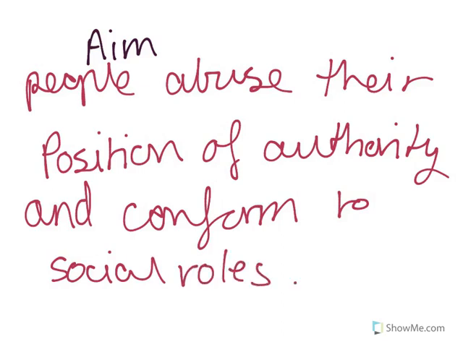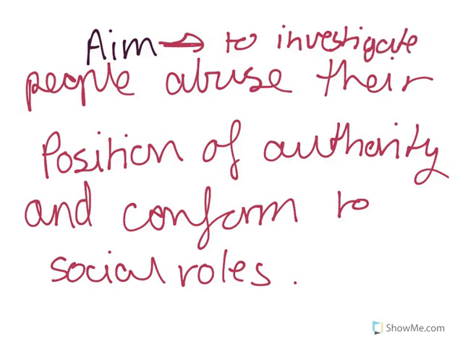What I've done here is kind of wrong, because if you're writing an aim, you always have to start with "to investigate". So his aim was to investigate if people abuse their position of authority and conform to social roles.